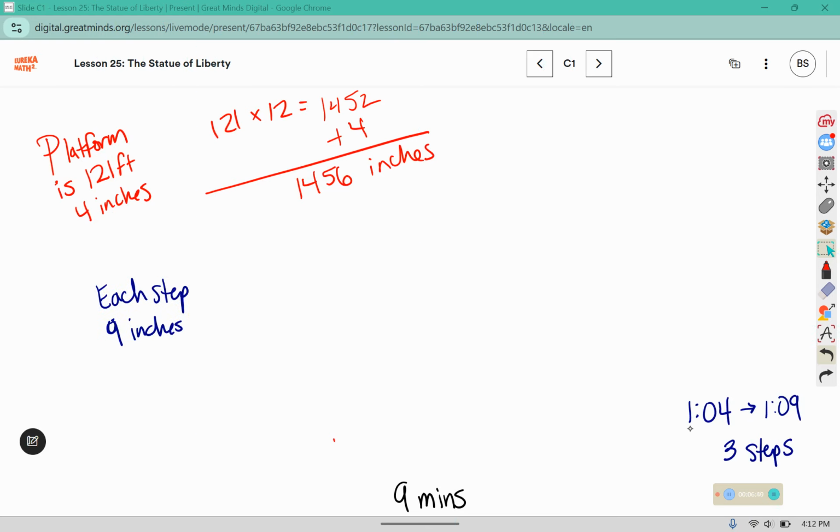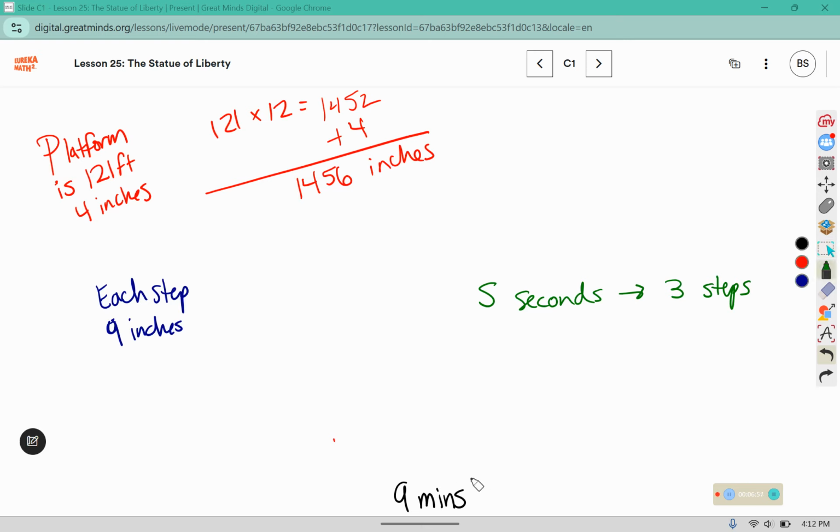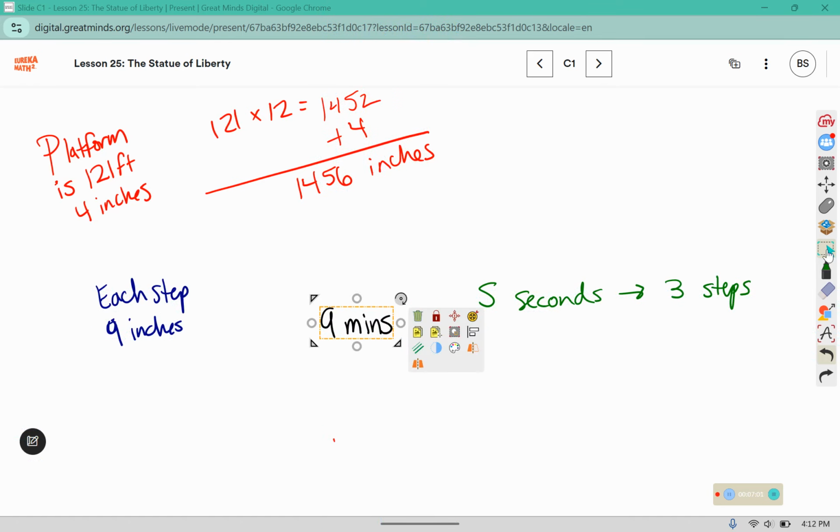We know that in 5 seconds she does 3 steps. Nine minutes needs to be changed into seconds to figure out how many seconds it takes her to get to the top. There are 60 seconds in a minute, so that is 540 seconds.